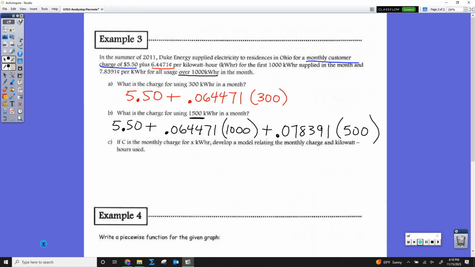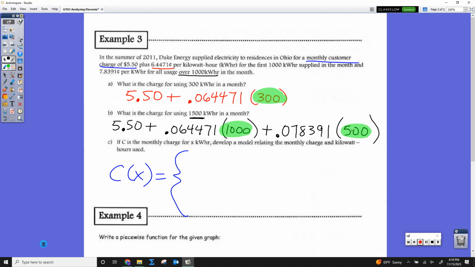Okay, so part C is asking us to develop a model, a piecewise function, to represent our situation. C is the monthly charge for X kilowatt hours, so we say C of X equals. Instead of using these specific numbers like we did earlier, they're going to be any monthly charge X. So we go back up here, and these spots that we had actual values in, we need to represent as some type of variable.